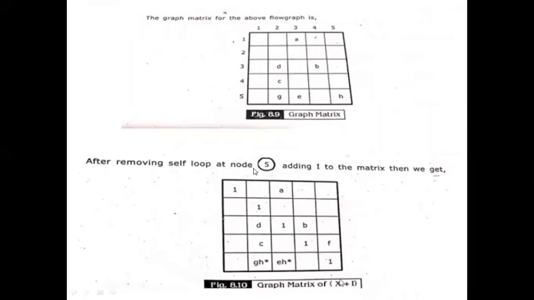After removing the self loop at node 5 and adding 1 to the matrix, we get the one here. This is the graph matrix after adding 1 to the matrix.